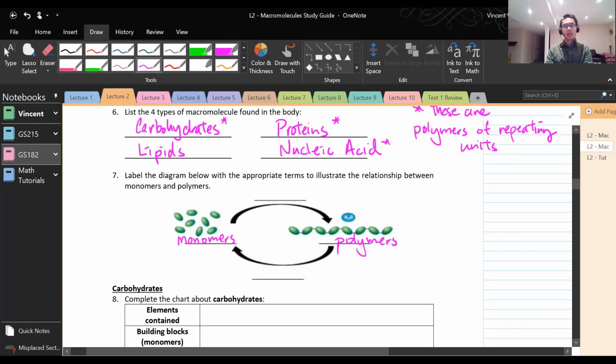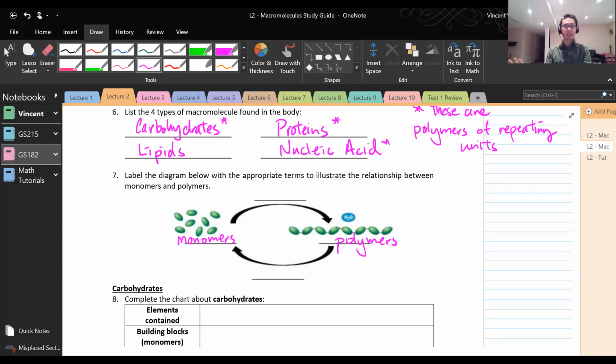I want to clarify, these are not the only polymers that exist in the world. These are just common polymers that are found in the body. There are many polymers that are not in living organisms and are useful in everyday life. Plastic is a polymer.